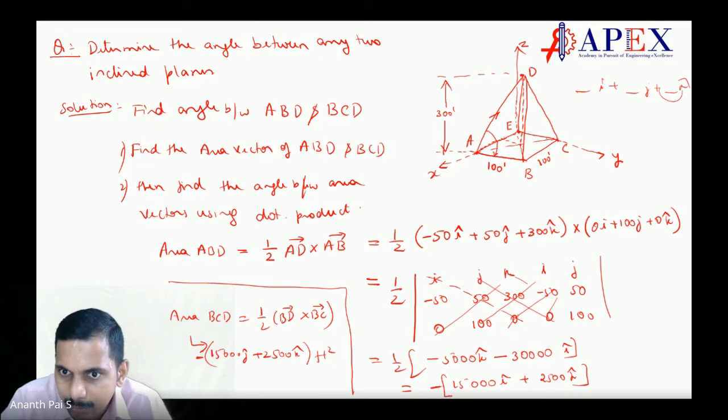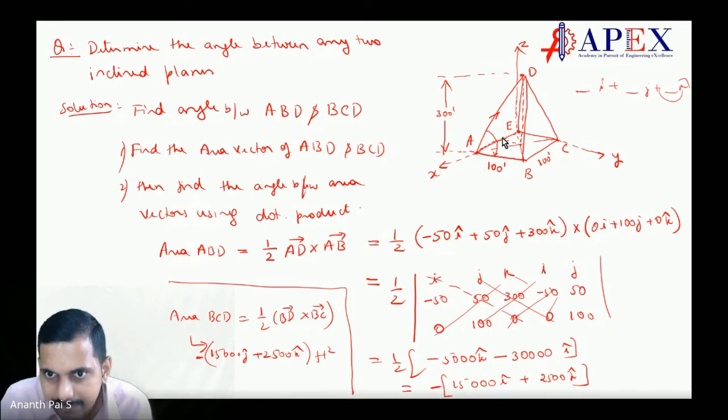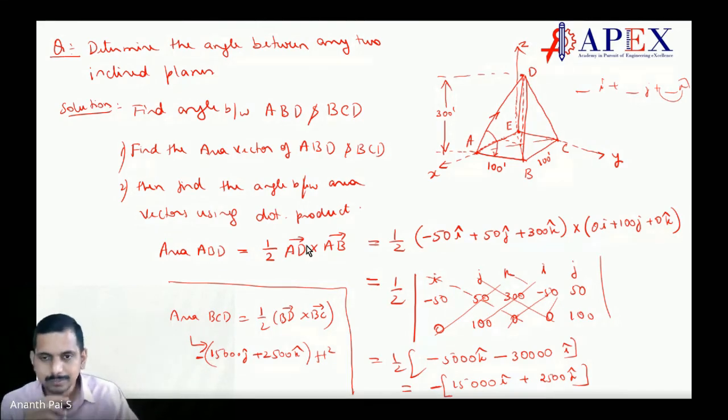Along x I have to move minus 50 because x positive is this side. Negative is the other way around. Correct? So I have to go in the negative direction minus 50. Then along y direction. See from this point to this point plus 50. Then 300. So I will reach from A to D. Make sense now? Now you have that doubt?